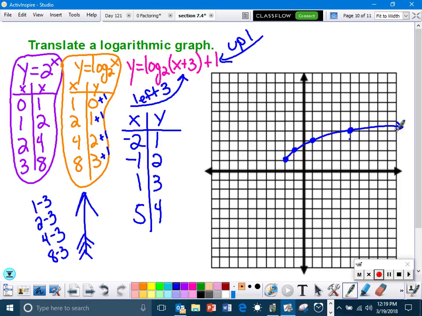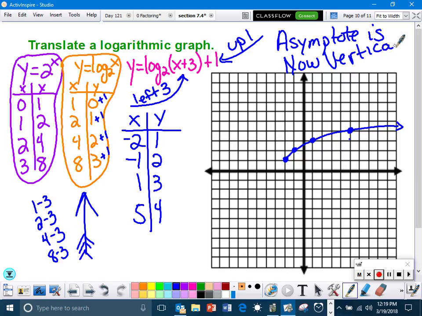However, we do have an asymptote here, and that's something I didn't talk about earlier. My asymptote is now going to be vertical. Okay, it is now a vertical line. What would that vertical line be? Well, that goes with what's happening right there.